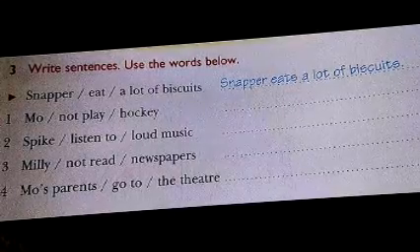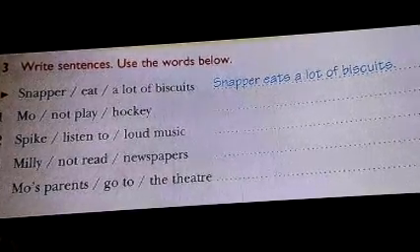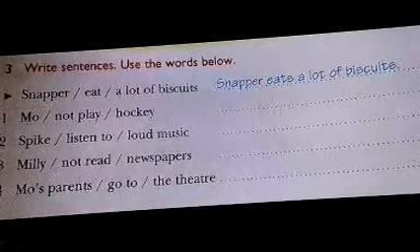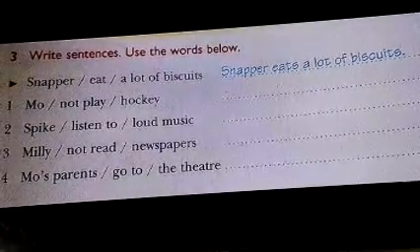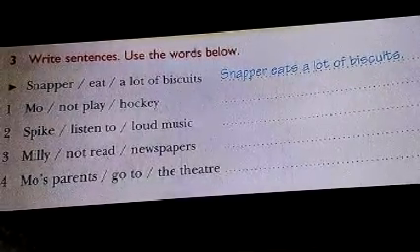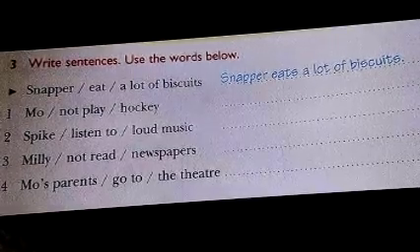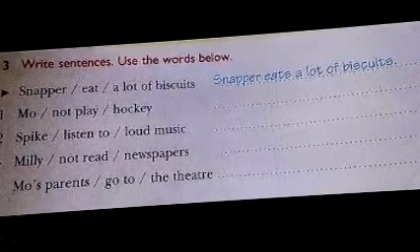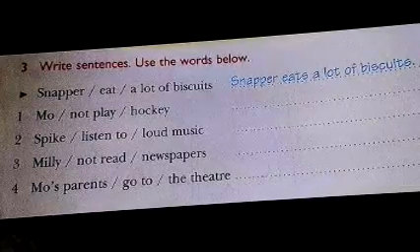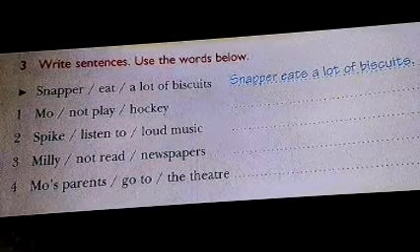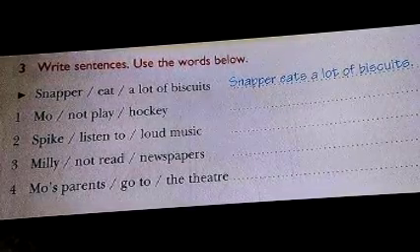What about Mo? It is a negative sentence. Mo not play hockey. So that is a negative sentence. When you have not or no, it is a negative sentence. So Mo not play hockey. Mo is singular, third person singular. What should we do?